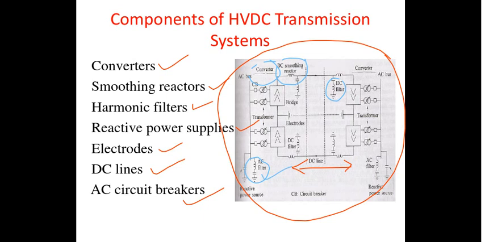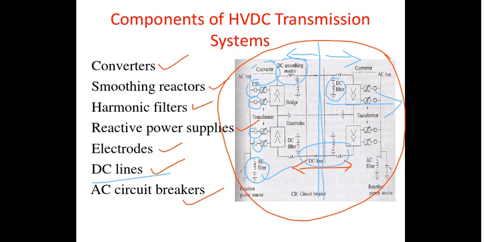We have the electrodes here, the DC lines here, then the AC circuit breakers. So basically the circuit breakers are deployed on the AC side. The same thing you can see on the other side also, because as I mentioned earlier, the whole system is symmetric about this particular midpoint on either side.